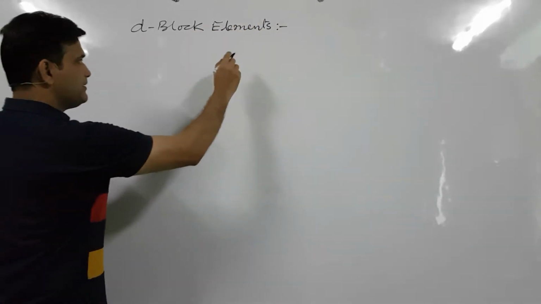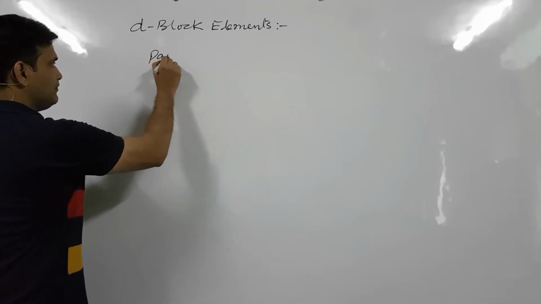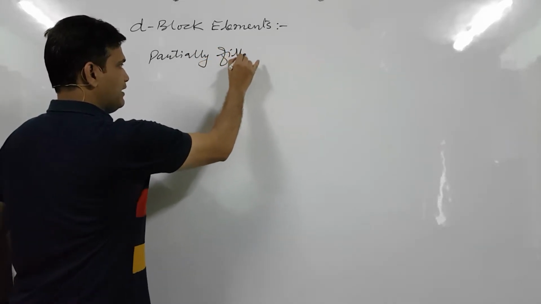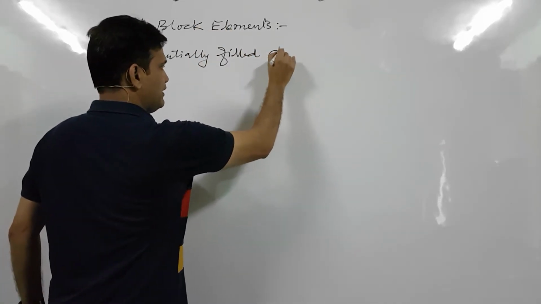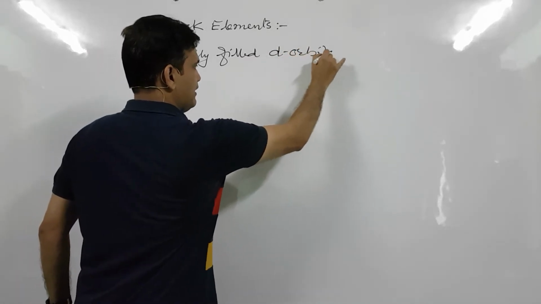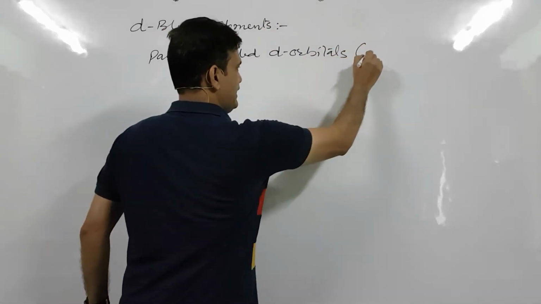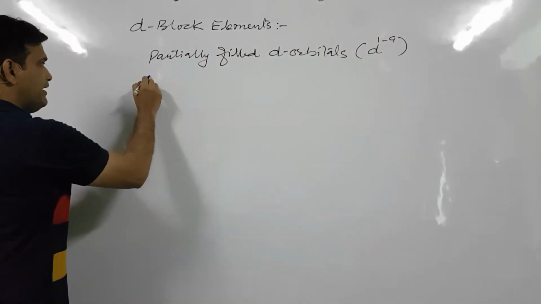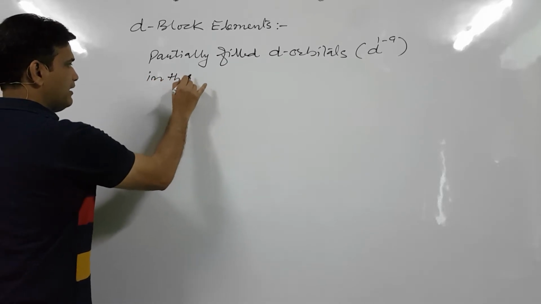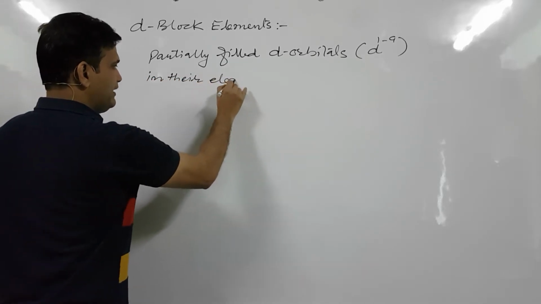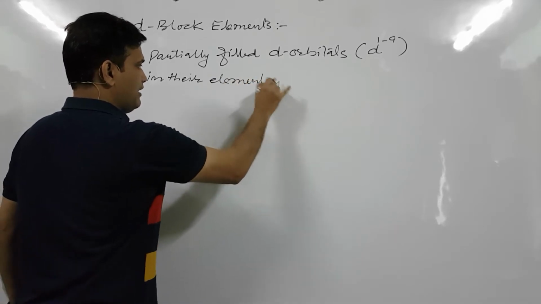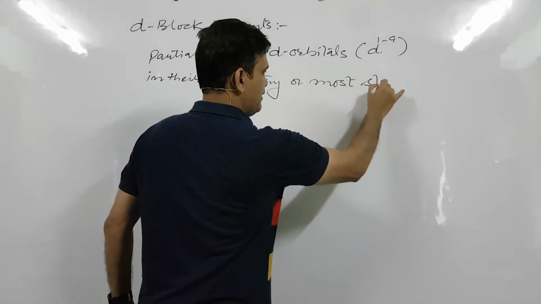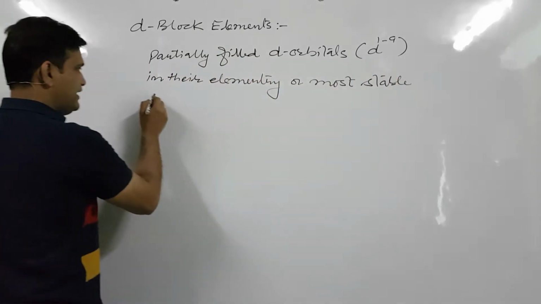they are the elements which have partially filled d orbitals, means d1 to 9, in their elementary or most stable oxidation state.